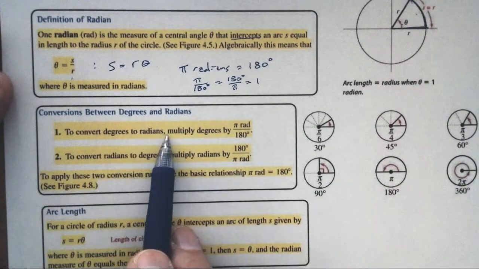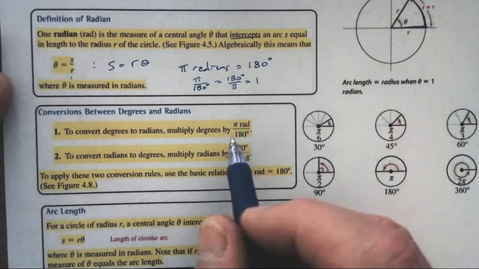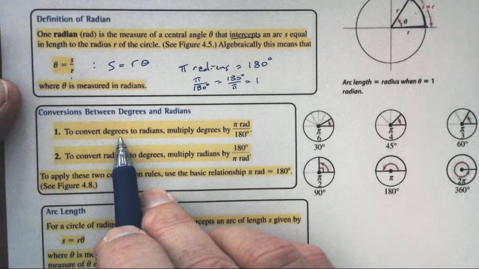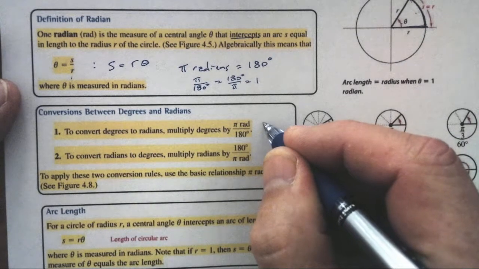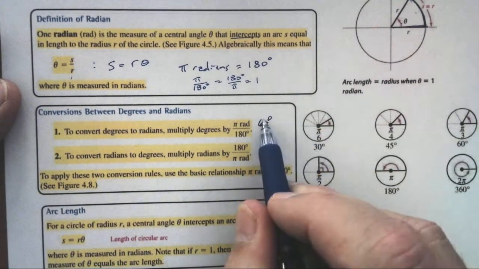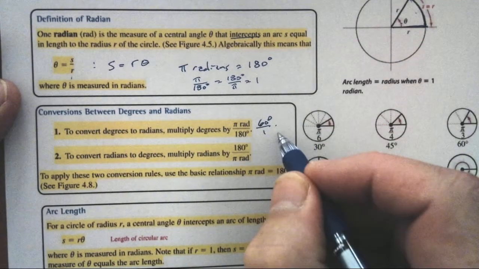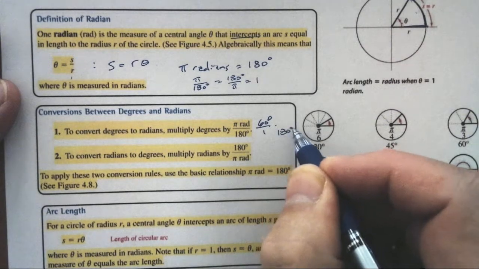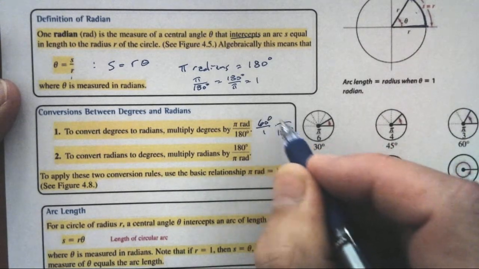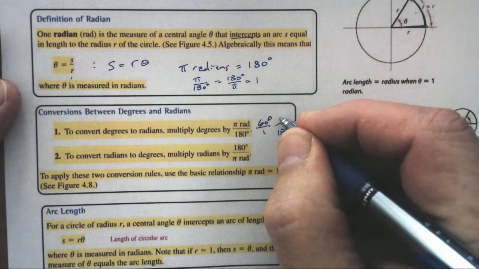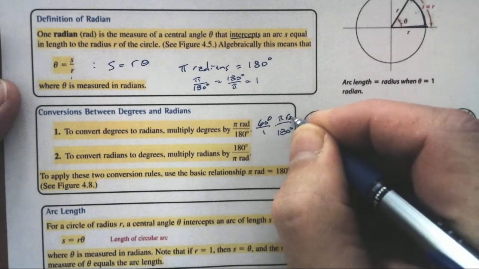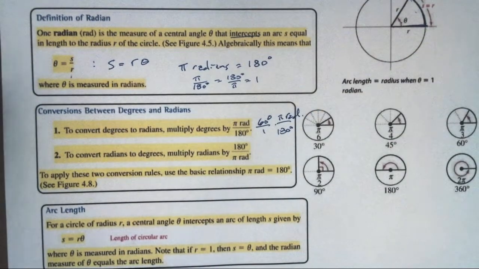It talks about converting from degrees to radians, and this should make some sense. If I've got a degree measure, say I've got 60 degrees, and I want to cancel degrees, then I need degrees in the denominator, 180 degrees, so the degrees unit cancels and leaves me with a radian measure.